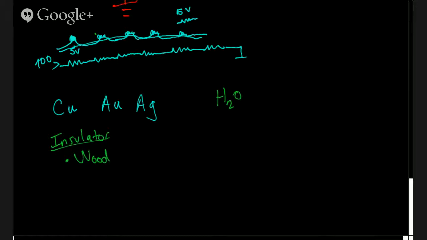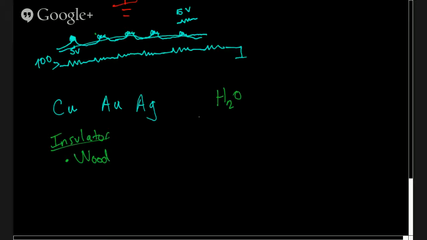So that's why you have to use specific containers for kerosene and such. It has a static dissipative, basically a conductor built into the plastic, and that takes care of static charges.